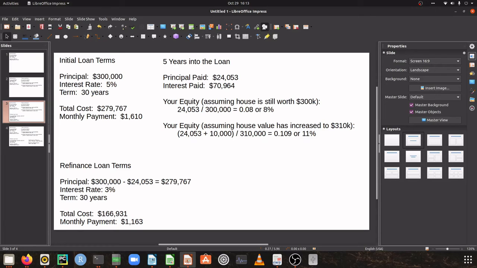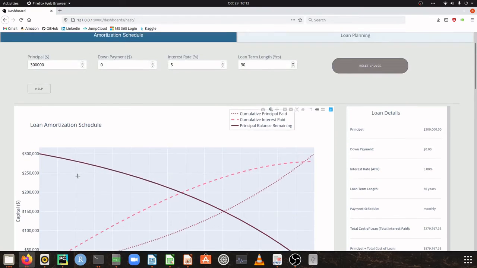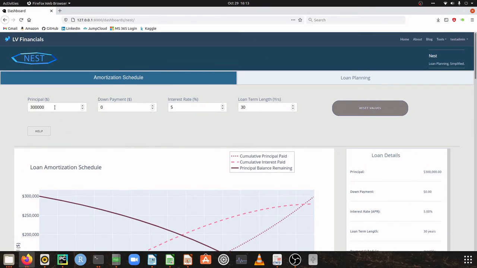So let's go back to the amortization schedule and enter these numbers. If we scroll up to the top, there are basically two ways you can do this.